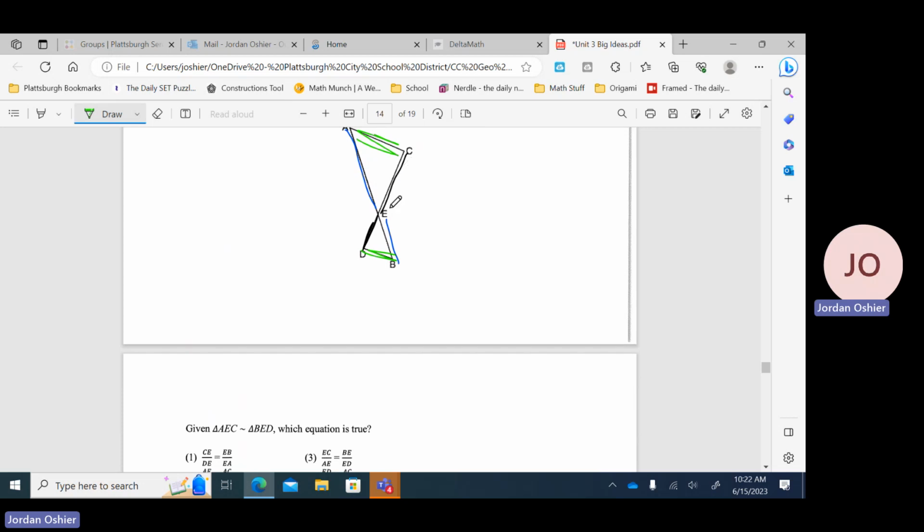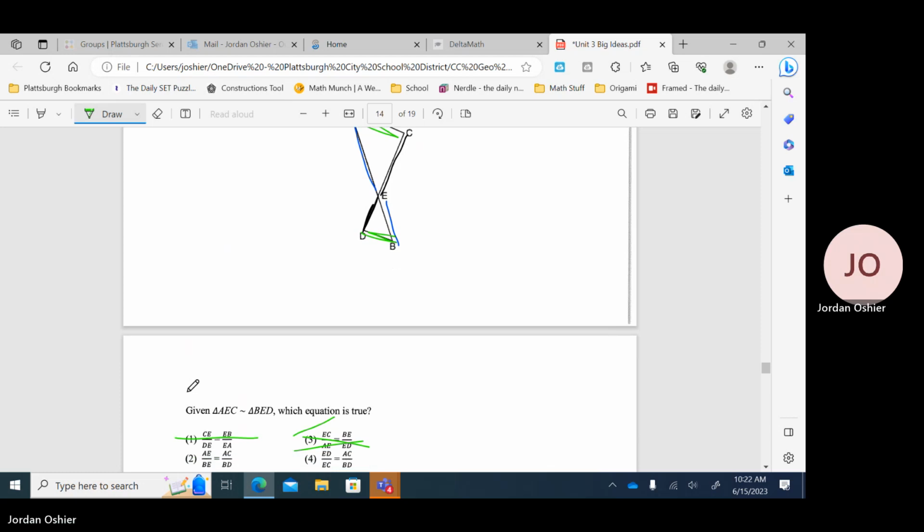So CE, black is to black, so far the left side's good, but then they went EB. EB isn't in the same triangle as CE, so that one's out. Choice 3, EC to AE, black to blue. BE, that's blue to black, so nope, not 3.